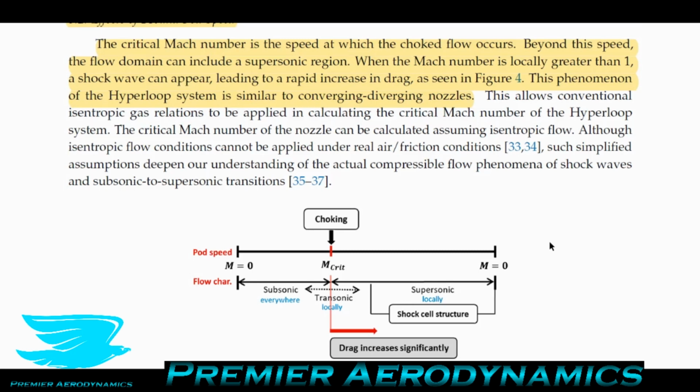Now there's a whole bunch of different conditions that could cause changes to this, so it may not operate in this way, but this is ideally what you'd want to do in this particular case, converging-diverging nozzles. Interestingly, once you get above the speed of sound, if you diverge the nozzle, it can actually reduce the velocity under certain conditions. So that's getting into some quite complex physics.